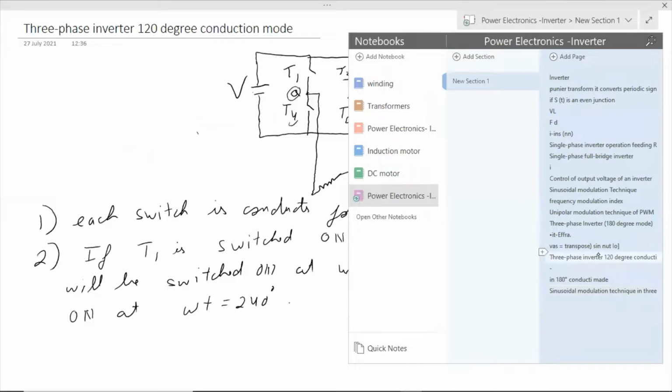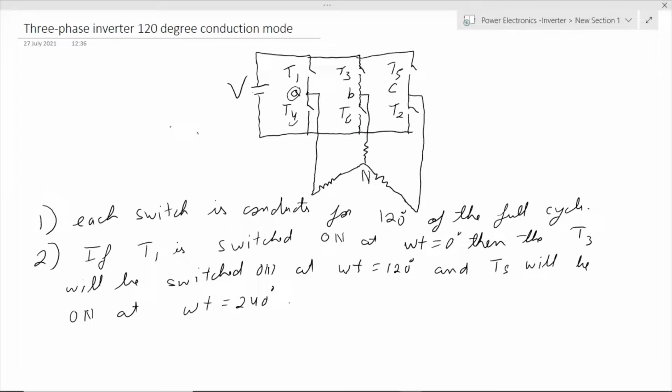If you see the circuit diagram, if T1 is switched on, then your A phase is connected to the positive terminal of your battery. So VA, the voltage at A phase, will be equal to V when T1 is on. And when T1 is off and T4 is on, then VA is equal to 0. It is connected to the negative terminal of the battery, zero potential.